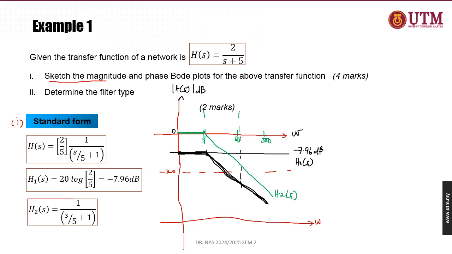Okay, so you have the constant, so it's 0, and then you have the pole at 5, and then 50. So the pole at 5 means that it has minus 45 degrees at 5, extended to 0.5, and the next decade is 50, so something like this.